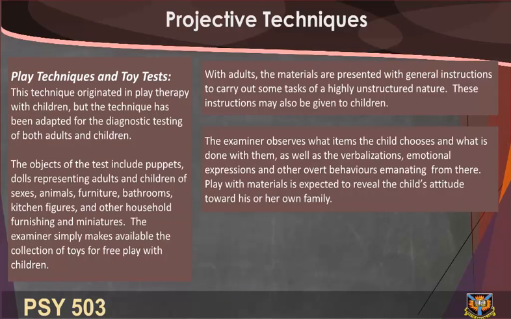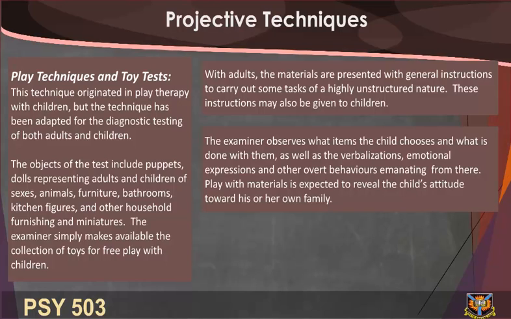Play techniques and toy tests. This technique originated in play therapy with children, but the technique has been adapted for the diagnostic testing of both adults and children. The objects of the test include puppets, dolls representing adults and children of both sexes, animals, furniture, bedrooms, kitchen figures, and other household furnishings and miniatures.